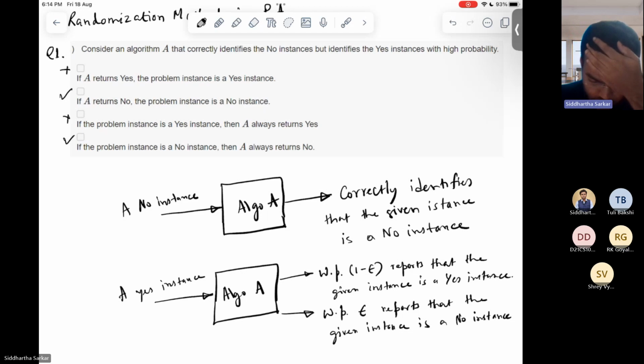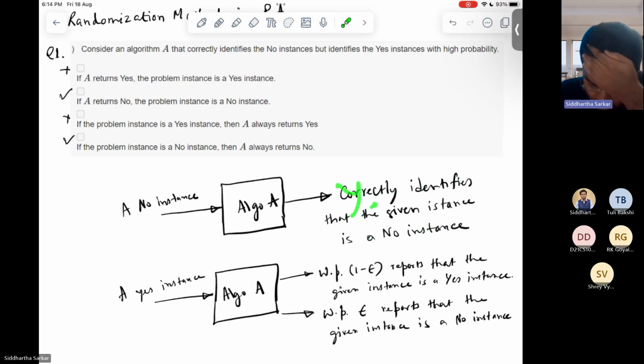So what is the first option? First option is saying that if A returns yes, the problem instance is a yes instance. So the first one is saying that on the right hand side, the algorithm is saying yes, that this is a yes instance.